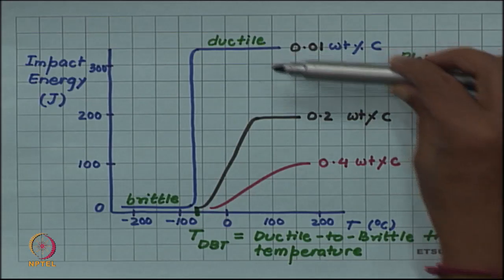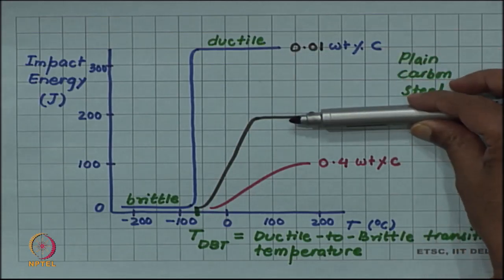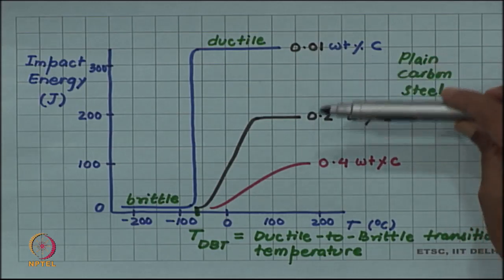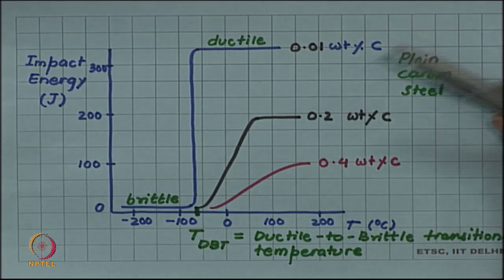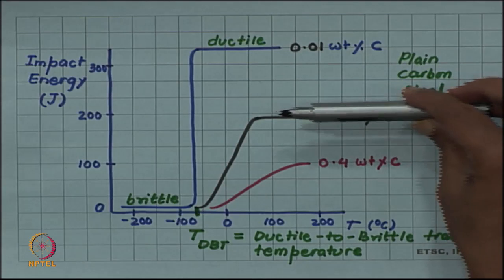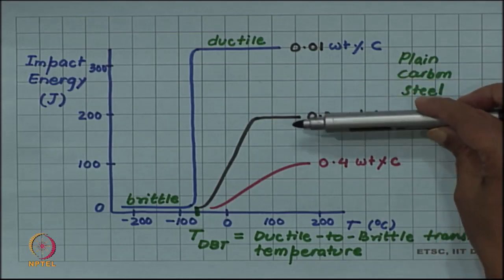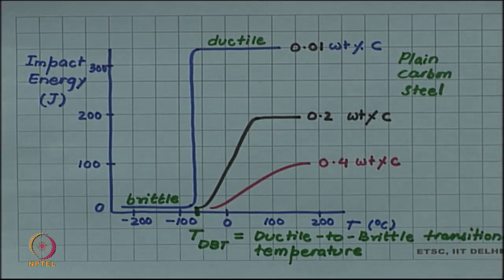So, energy absorbed in the ductile regime is also reducing, and this is what we know from our previous discussion, that as you increase the carbon concentration, the brittleness increases. So, the fact that the energy absorbed is decreasing is indicating the enhancement in the brittleness of material as carbon concentration is increasing.